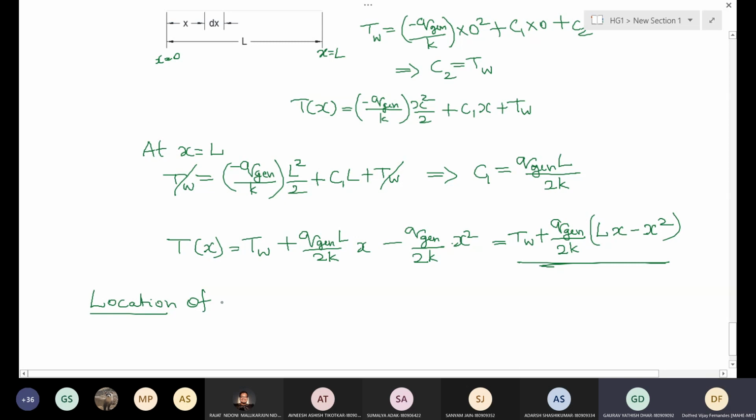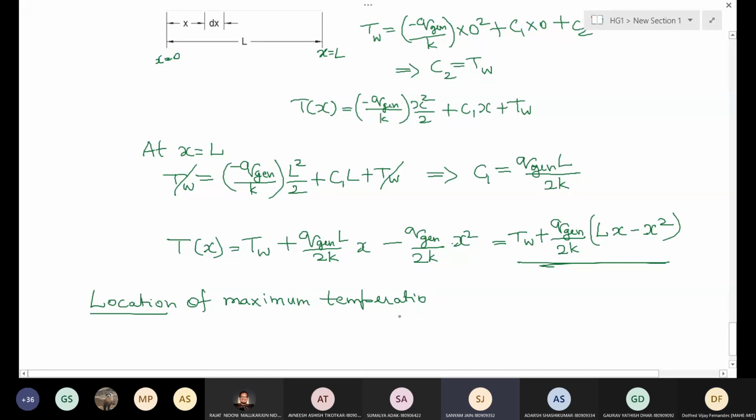We'll take up that case also. That will be at a different location. So the location of maximum temperature. If you put x equal to L by 2, we'll get the maximum, sir. Yes, that is sure, but we have to find out how to locate it. Location of maximum, how to locate it?